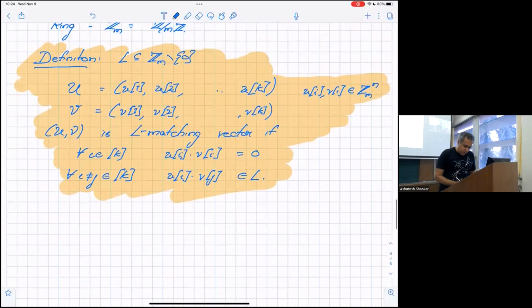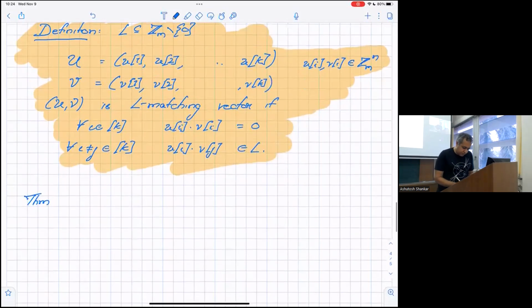What property of this will we use? Of course, can I construct such objects? We'll use this theorem of Prahladh, from 2000. We'll prove this theorem also later in the class, but for now we'll assume it.